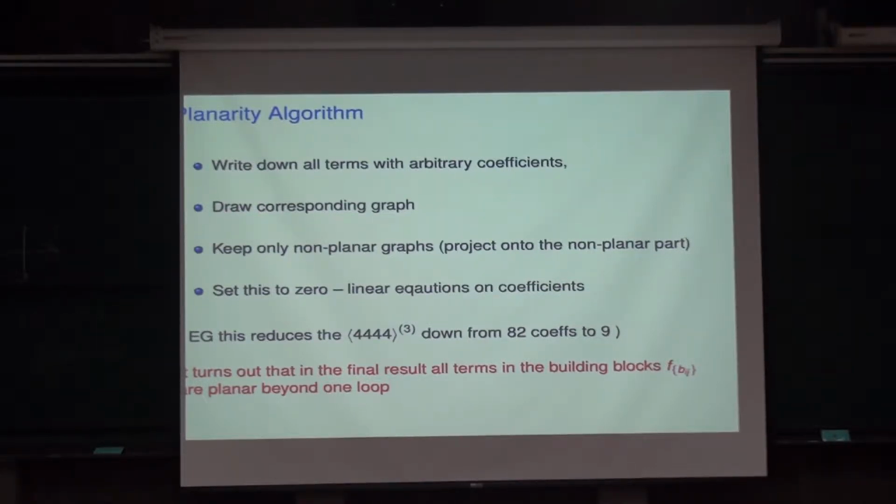I can tell if the graph's planar or not, and then you just kill it if it's planar. Once you've got the non-planar sector, you assert that it has to be 0, and that gives you some linear equations on your coefficients. That's the planarity algorithm that we're using, basically.